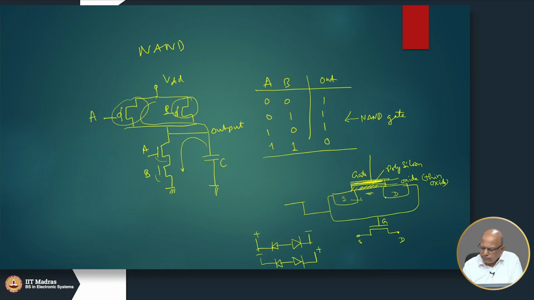As a result, a very weak current will flow, that is the so-called leakage current. But if you apply a high voltage here, then the channel will get formed here, and that will lead to conduction between the source and drain. So, that is how this thing works.